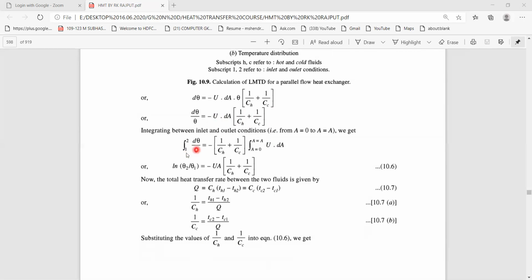Now let us integrate on both the sides. Do the integration from the inlet to the outlet.